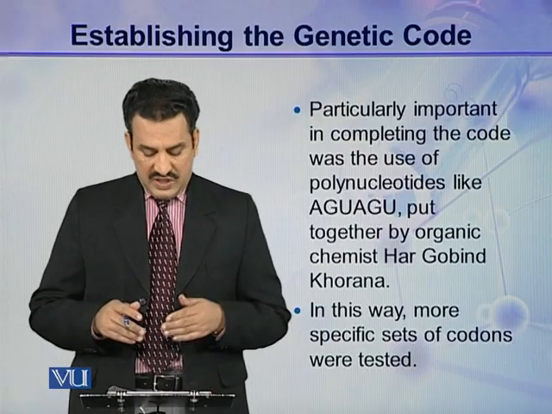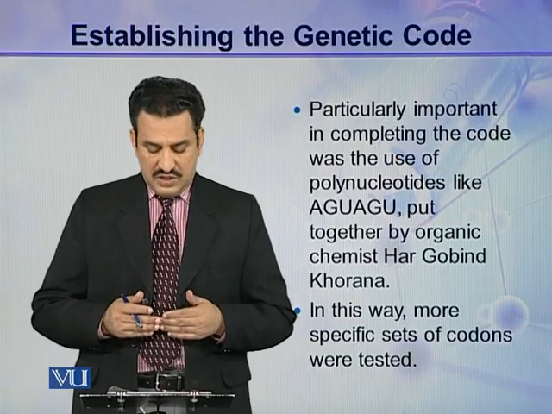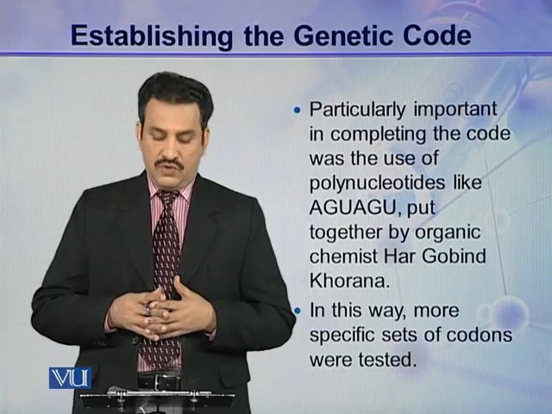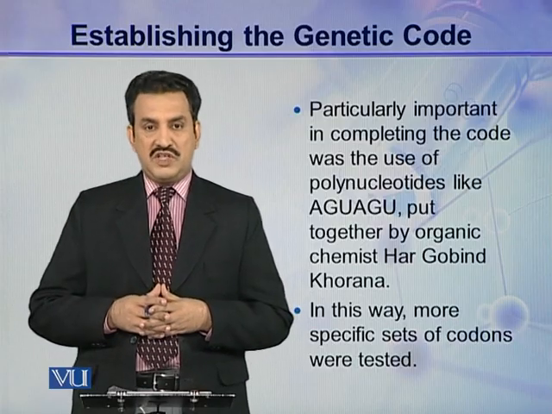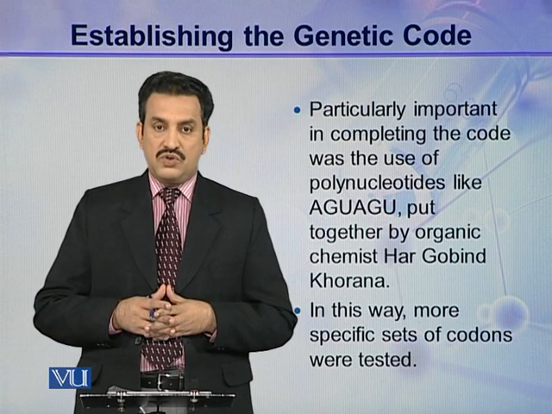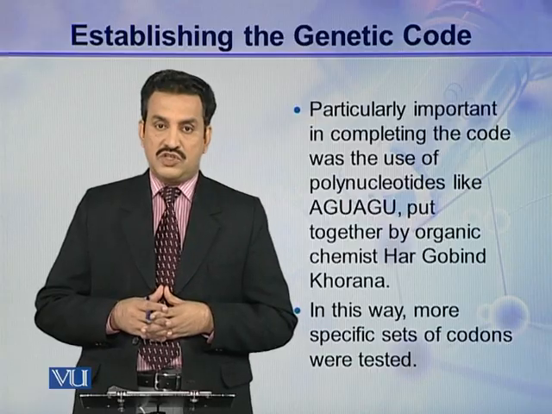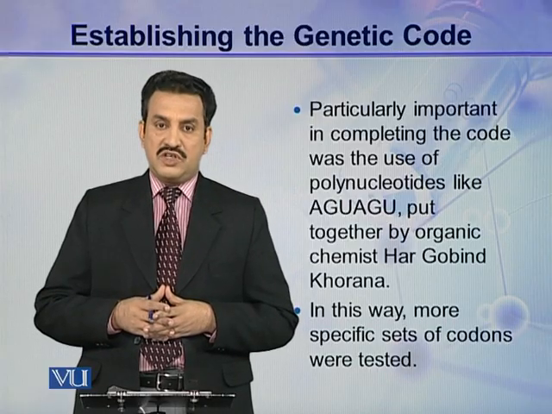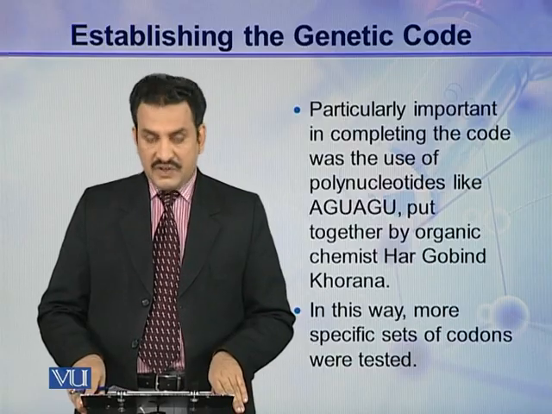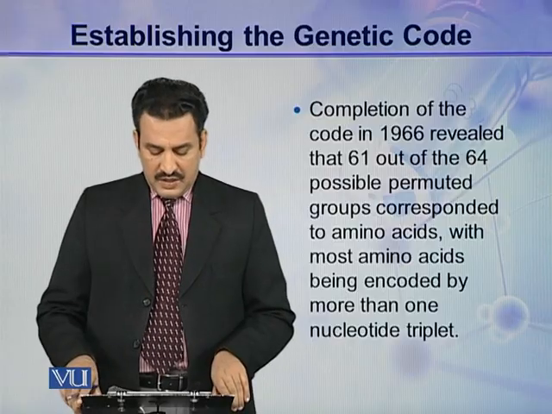So, with the efforts of Har Gobind Khorana, it was possible to go further in the establishment of the genetic code. And one piece of information I give to you: Har Gobind Khorana was initially associated with Government College University, Lahore. In this way, more specific sets of codons were tested.